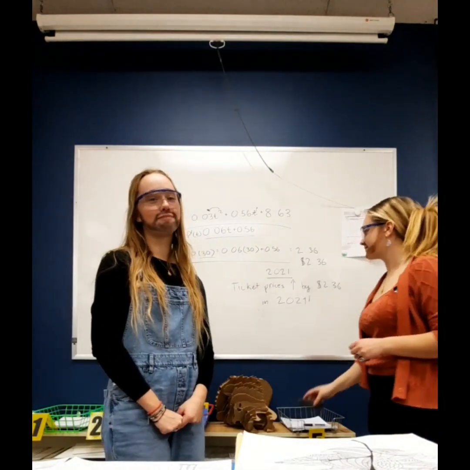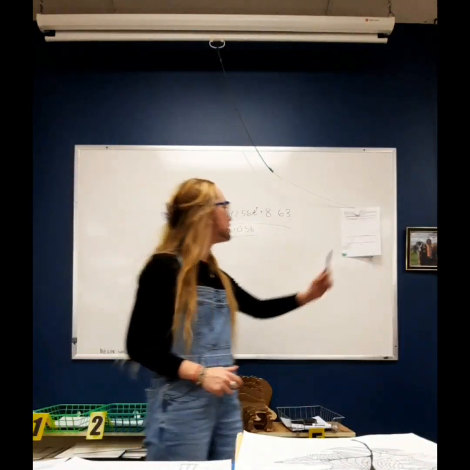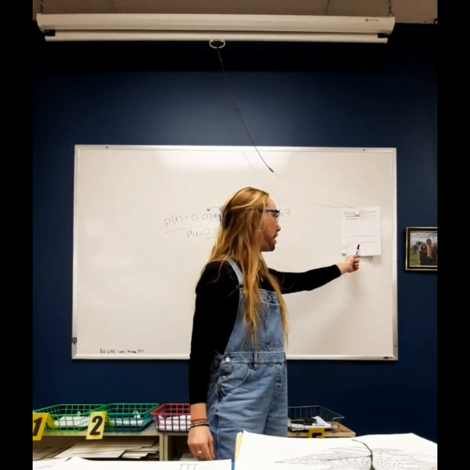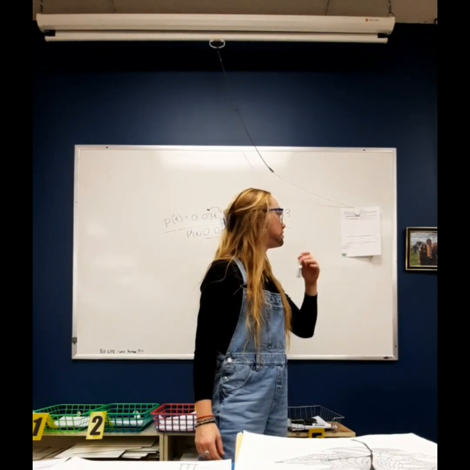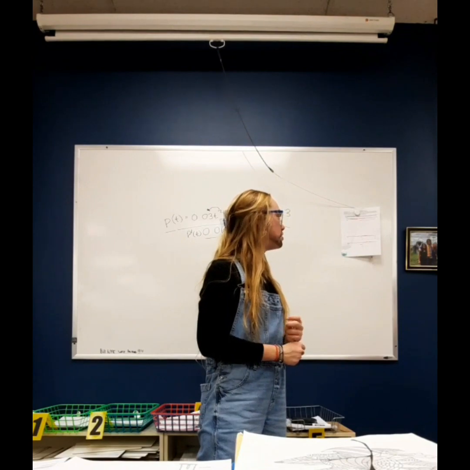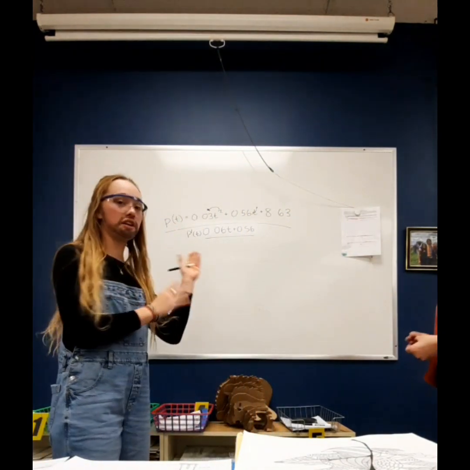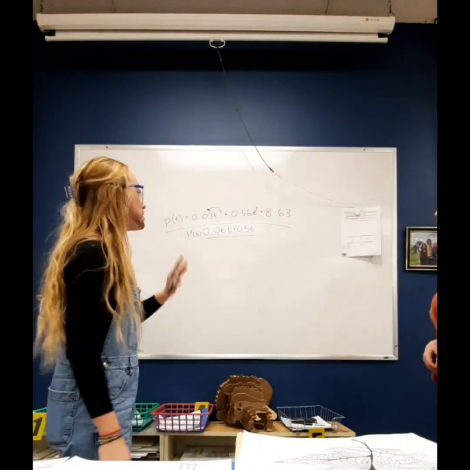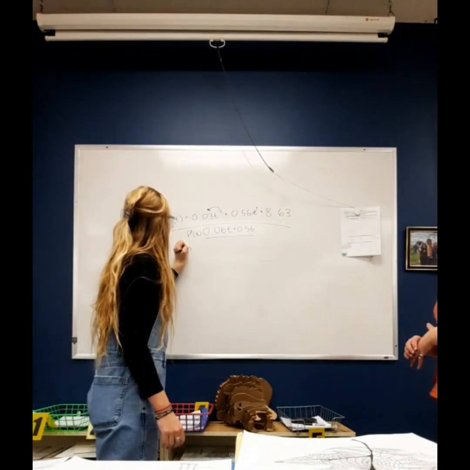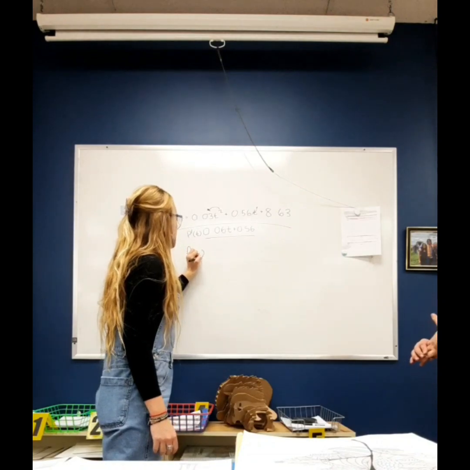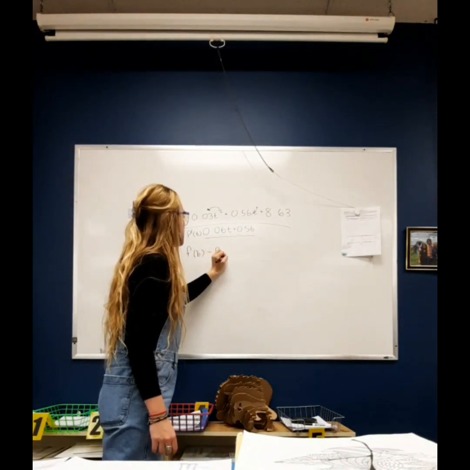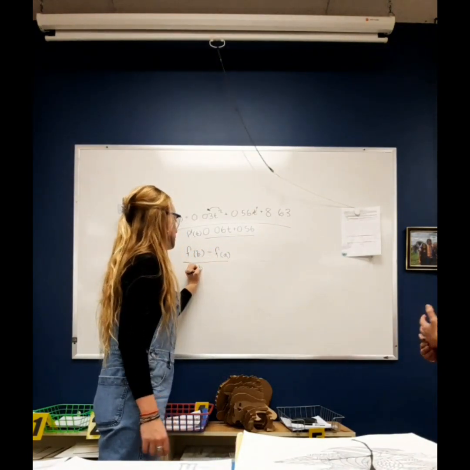Now let's move to C. So let's read the question. It says to compare the average rate of price change from 2011 to 2021 and compare that answer to your work in Part B. So we have to think this is not our instantaneous rate of change anymore. So we have to use the average rate of change equation, which is f of b minus f of a all over b minus a.